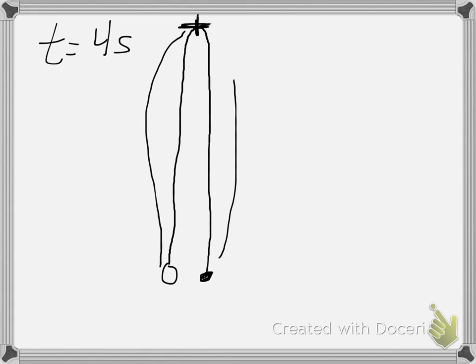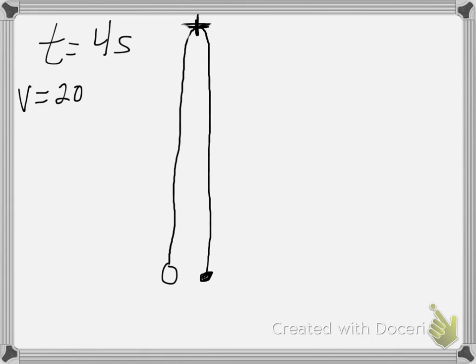Okay? So let's look at the velocity and the distance at 4 seconds, which should be the total time of flight. All right? So if we calculate the velocity at 4 seconds, what we're going to get is 20 meters per second minus 10 meters per second squared, and I'm going to have to erase some of this.